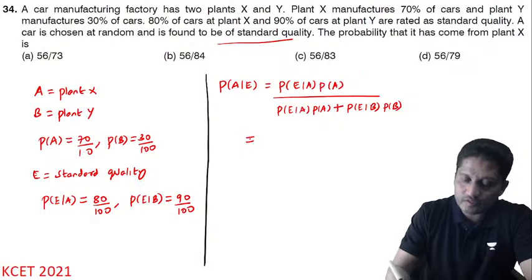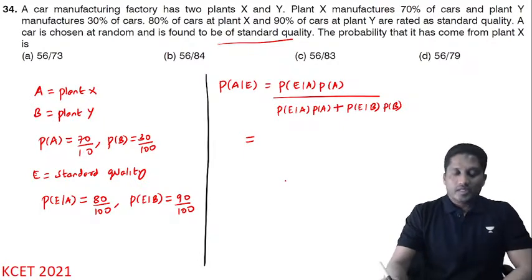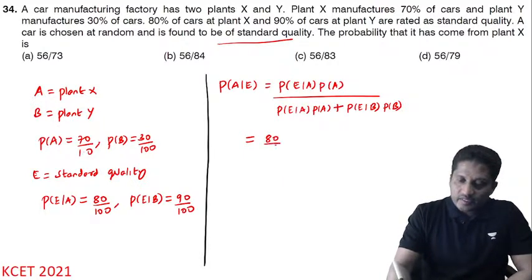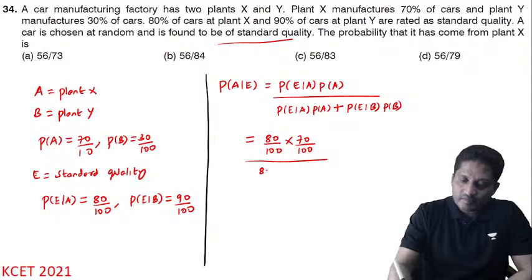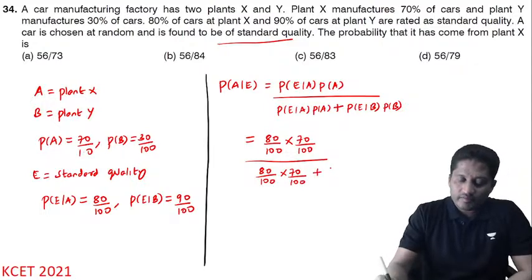Okay, I'll substitute the values. E given A is 80 by 100 into P of A is equal to 70 by 100. Again, this is equal to 80 by 100 into 70 by 100, plus E given B is 90 by 100 into probability of B is equal to 30 by 100.